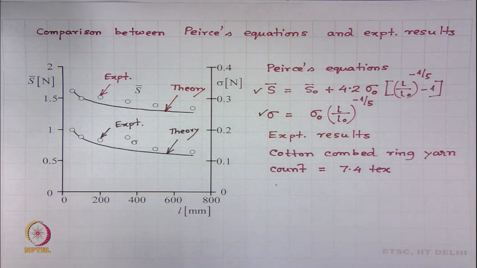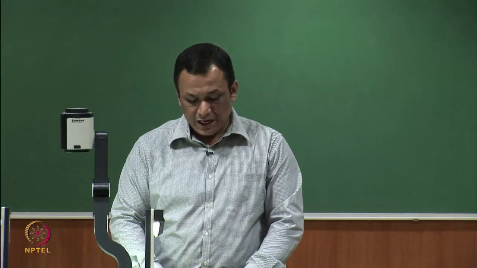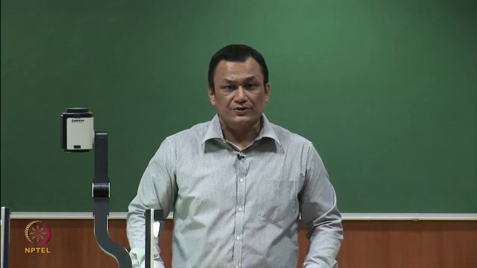What we see is that there is a close association between theoretical results and experimental findings. So, Peirce's theory corresponds quite well with the experimental results. However, there is one more theory available on strength length relation in yarn based on yarn strength as a stochastic process.